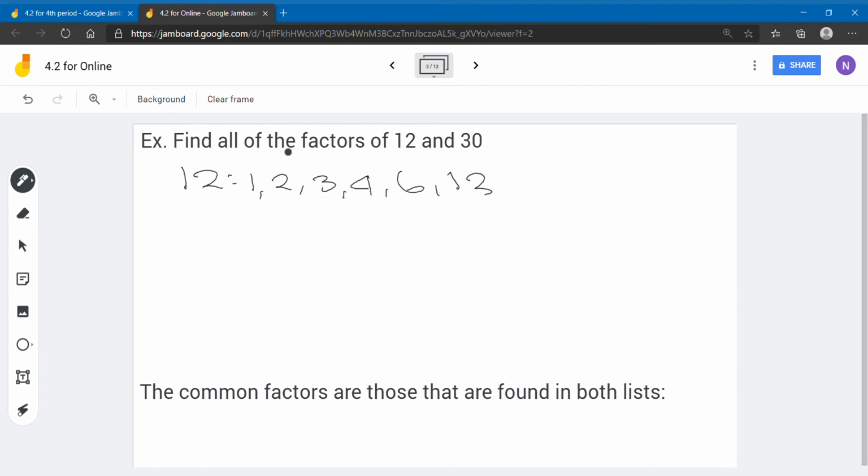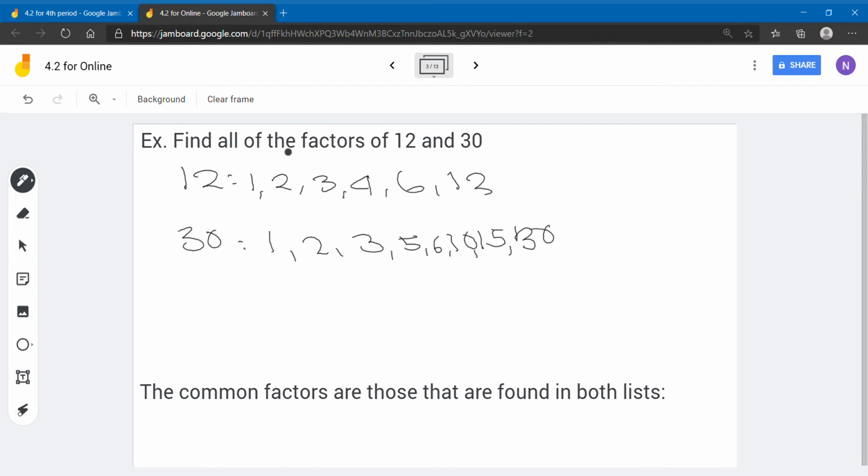And then 30 is 1 times 30, 2 times 15, and then 3 times 10, and then 5 times 6. So those are all the factors of 30.